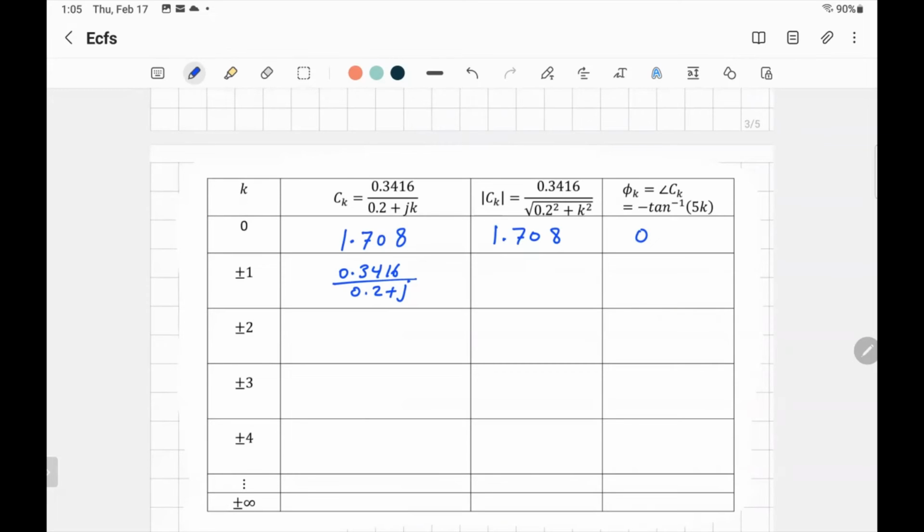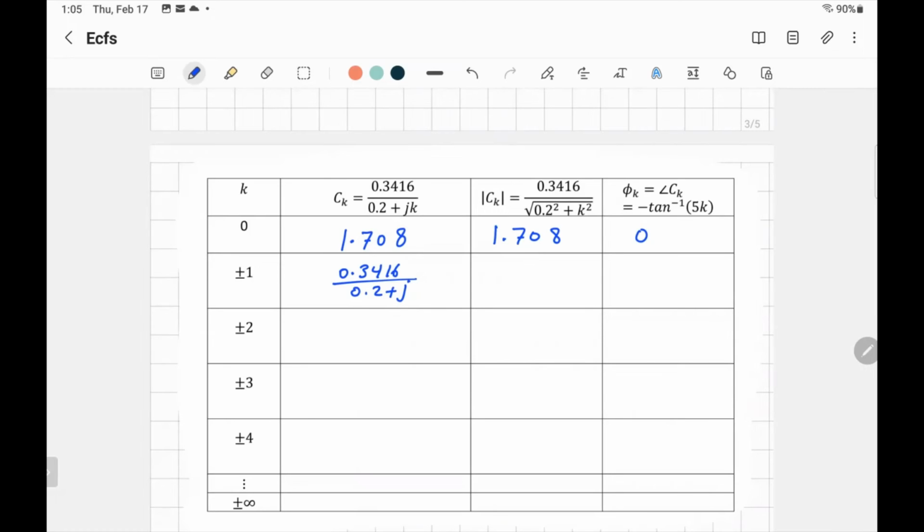And then after I write it down, I say convert to polar. You divide it, and then you give me the answer in complex rectangular form. I said convert it to polar, so give me magnitude and an angle. The magnitude is the magnitude of CK. The angle is different, in one step. So use the technology.